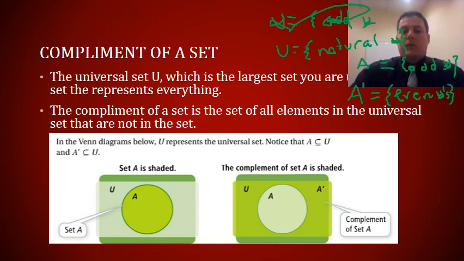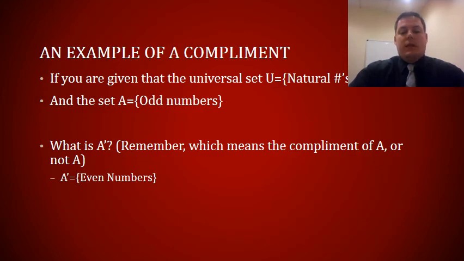And again, I know some of this may seem a little confusing. That's okay. These are things that you'll understand more as we do some examples. So here's an example of a complement. I think I just used this one, so I was jumping ahead of myself, but here it is written down a little more cleanly. If you are given that the universal set U is natural numbers and the set A is odd numbers, then the question might ask you, what is the complement of A, or A prime, or not A?